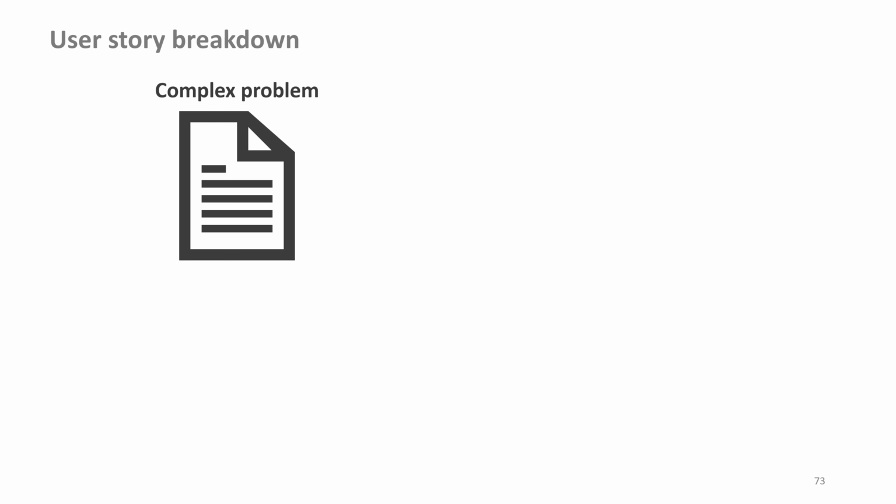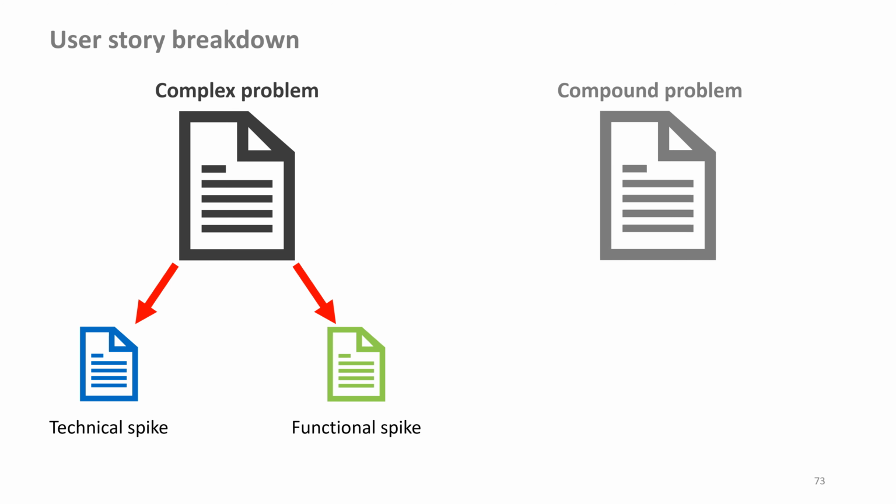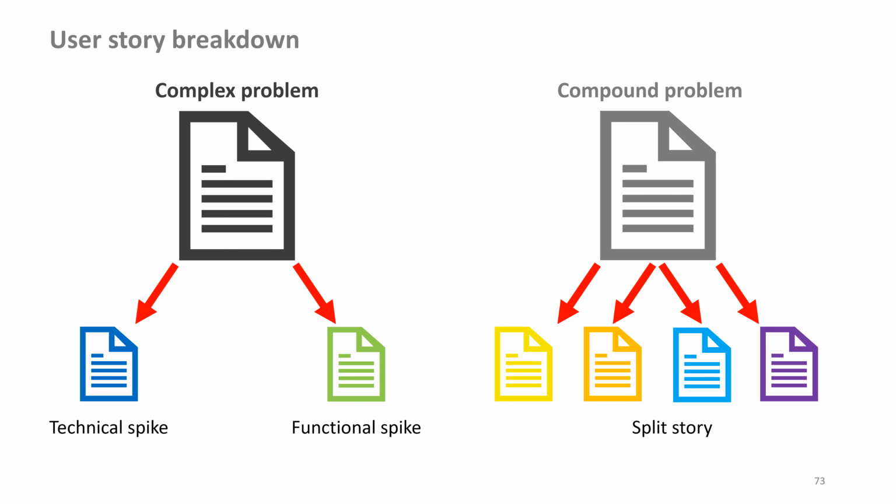A complex problem, which despite analysis we do not understand and therefore cannot estimate, then we work with technical and functional spikes. A compound problem, which is composed of many aspects around one topic, can be too big and therefore not fit into a sprint. There are different ways to cut large backlog items into smaller pieces.